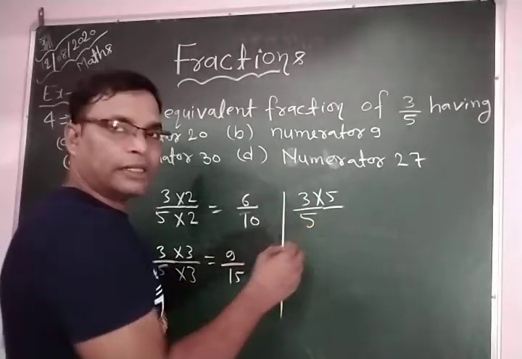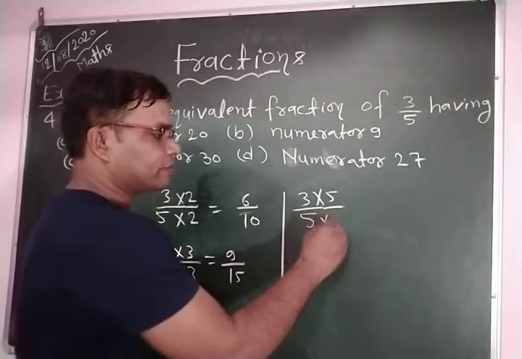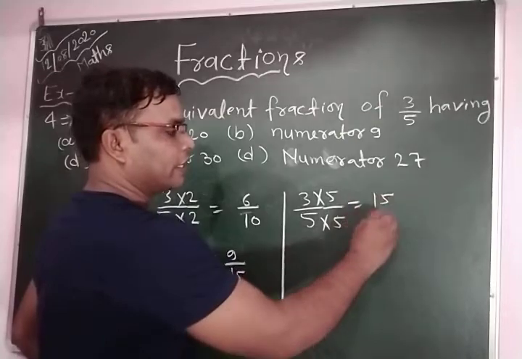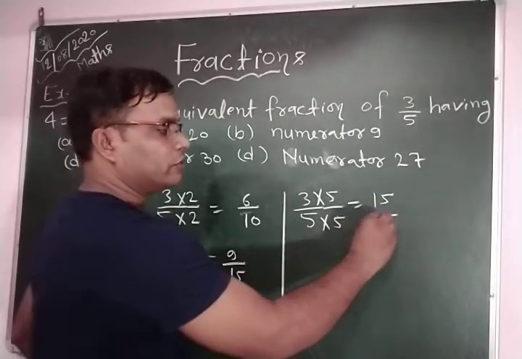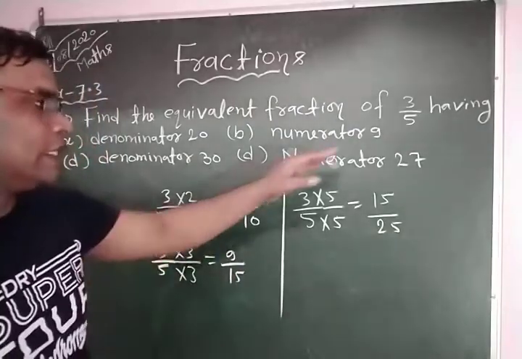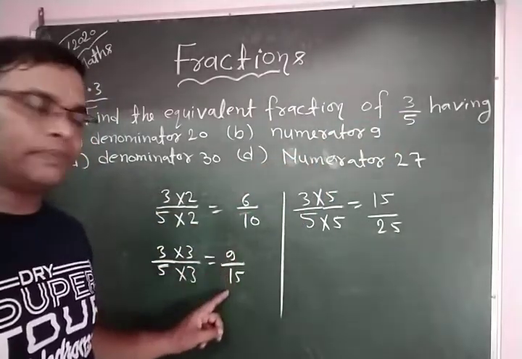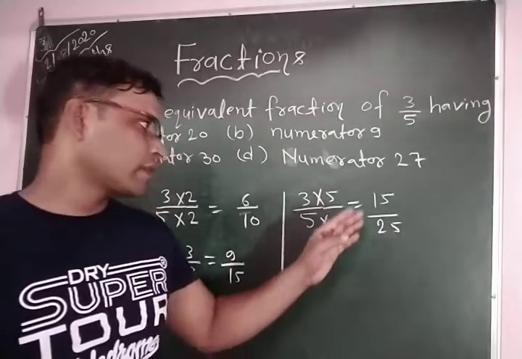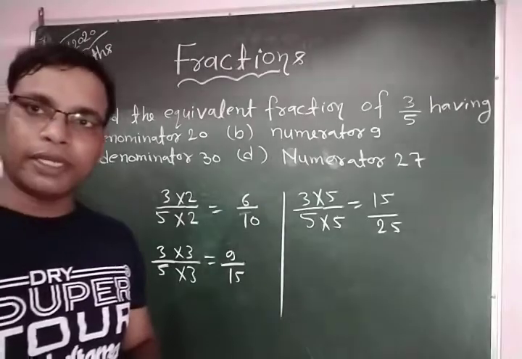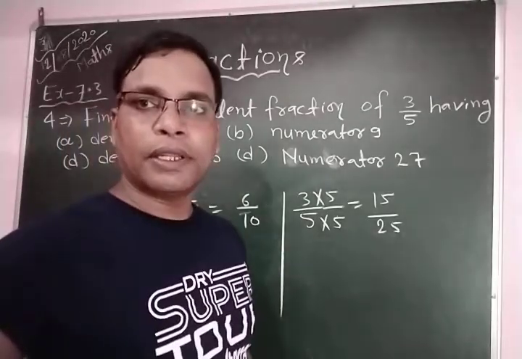So if you multiply 5 in the numerator and denominator, then 3 into 5 is equal to 15, and 5 into 5 is equal to 25. So here you can see 3 by 5, 6 by 10, 9 by 15 and 15 by 25 are equivalent fractions. Again we take some more examples.